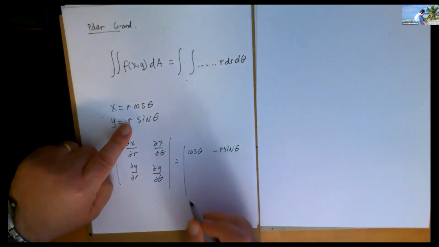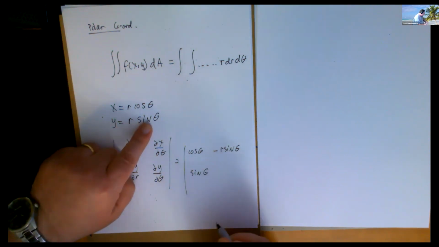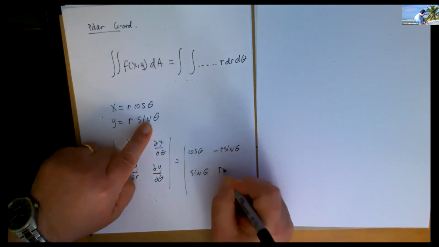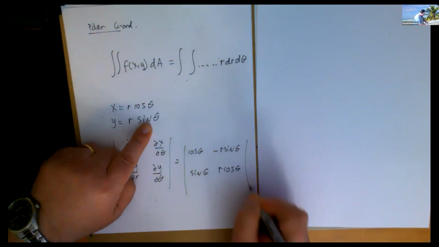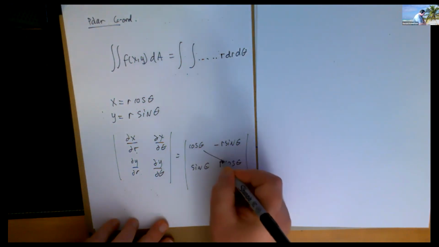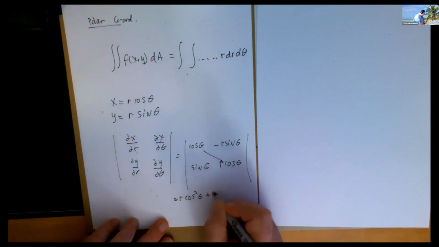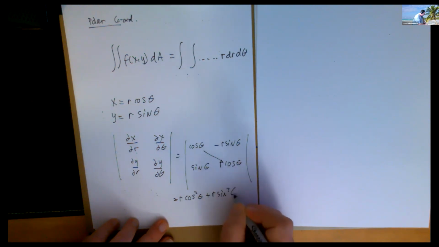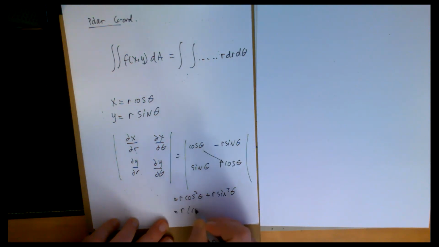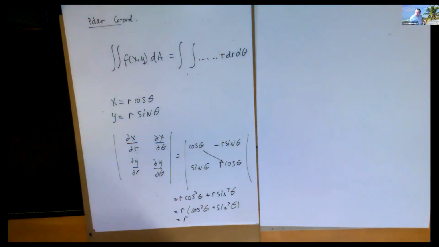If you do this with respect to r, you get sine theta. And with respect to theta, you get r cos theta. What's the Jacobian? r cos squared theta, take away a negative is adding it, r sine squared theta. Pull it out: r times cos squared plus sine squared. R. Yeah.